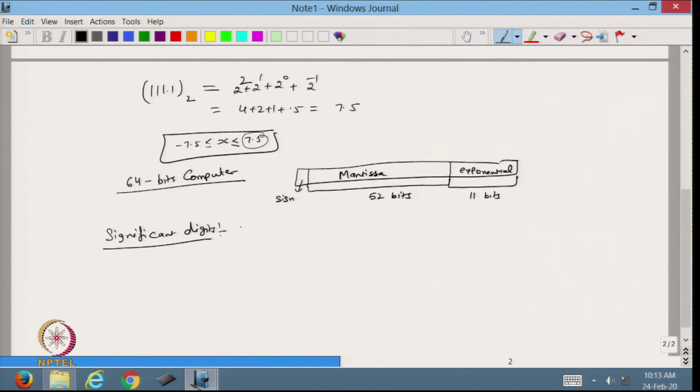So, in order to find the number of significant digits, we convert the number into floating point representation.